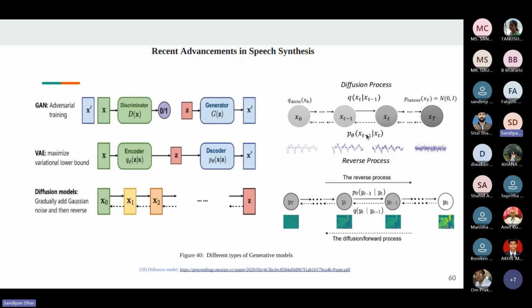You can relate it to the variational autoencoder. In a variational autoencoder, we give a latent representation of the input data x, and a decoder reconstructs the data. So sometimes we call the forward diffusion the encoding process and the reverse diffusion the decoding process, because ultimately we are decoding the exact data from complete noise, and in forward diffusion we are trying to encode the data into a Gaussian representation.